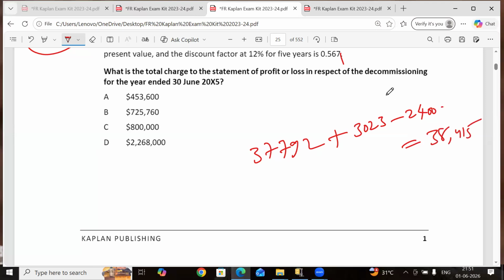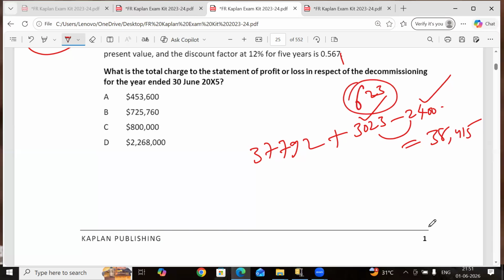So this is the interest expense charge. This is the interest payment, and the difference is the accrued interest, the outstanding interest. 3,023 minus 2,400, so 623 is the accrued interest.